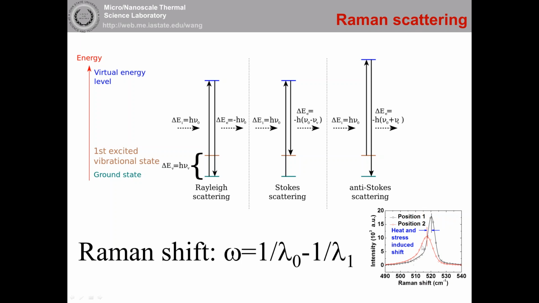When the temperature goes up, the intensity of the Raman peak goes down. Also, the Raman peak will be softened, will shift to the left side. And also, the line width of the Raman peak will be broadened. So you can check the intensity, the line width, or the Raman shift. Any one of these 3 things can give you the temperature at the local position.